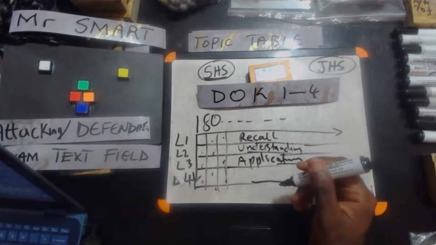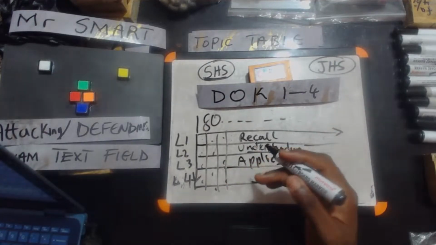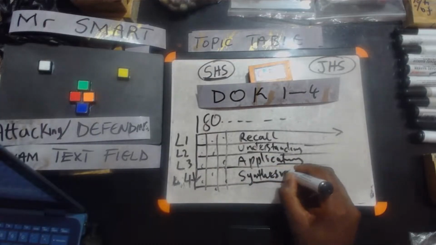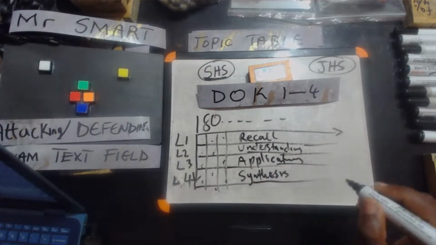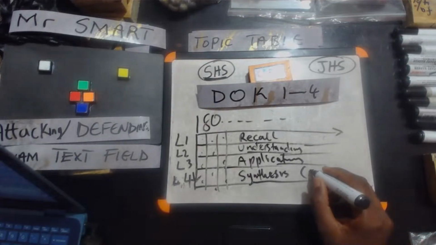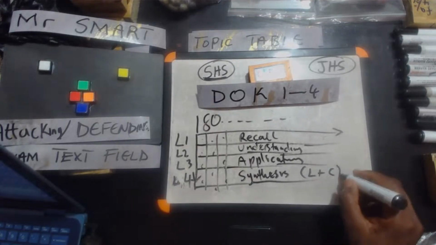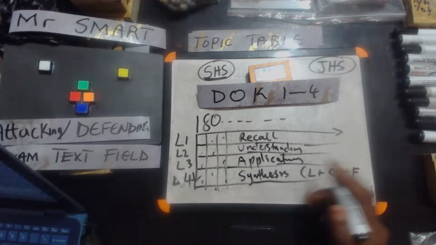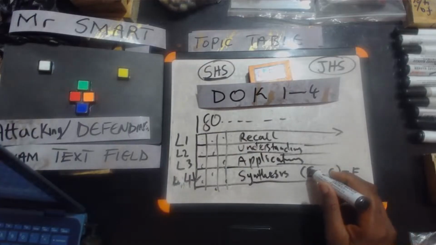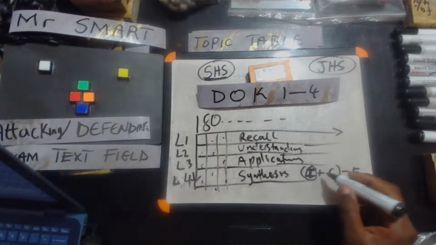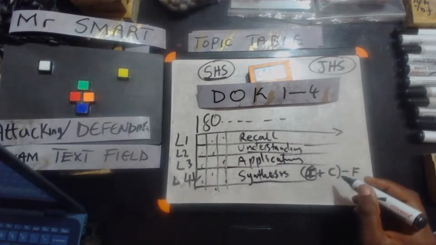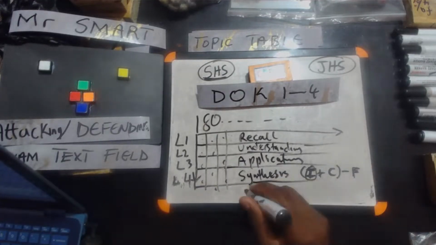And the fourth level, which involves very critical thinking, I call synthesis, like photosynthesis. Photosynthesis requires bringing light plus carbon dioxide to produce what? The plants use it to produce food. So synthesis is where you pull different ideas, what I call different inspirations, plus the various elements you are given in the question so that you can find a solution.